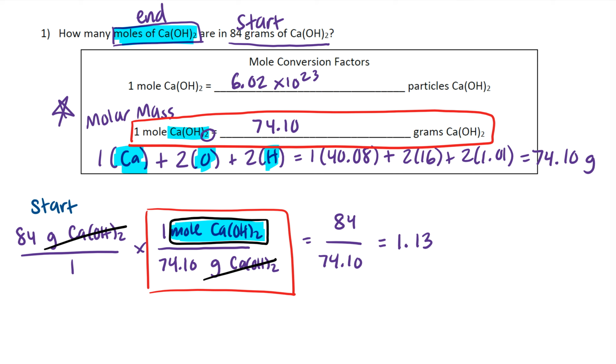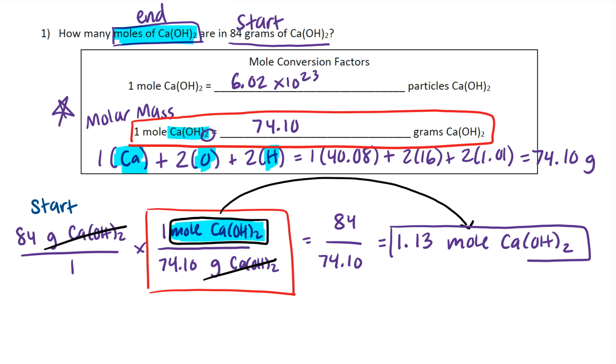And don't forget to bring over the unit from your dimensional analysis, what our ending unit was, and it is moles of calcium hydroxide. Again, everything always has a number. It always has a unit, and it's going to have a chemical formula.